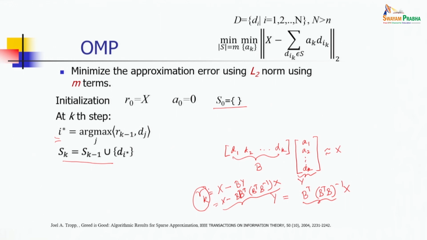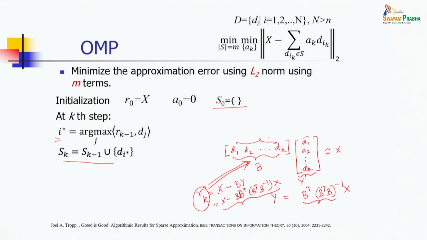orthonormal to all these atoms, because otherwise if there is any component that would have come under the least square, that should have been taken under these coefficients. So since now this residual error would be orthonormal, that is the interesting algebraic property which we use here. That's why none of these atoms would be selected in the next step.